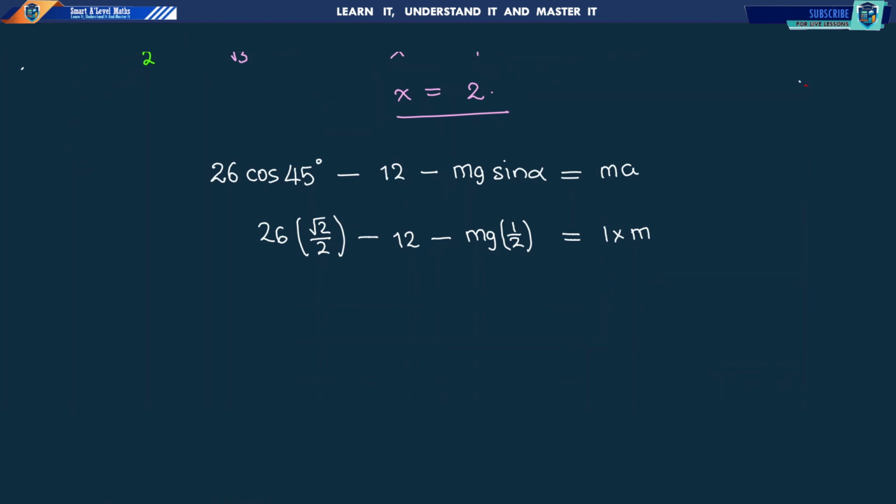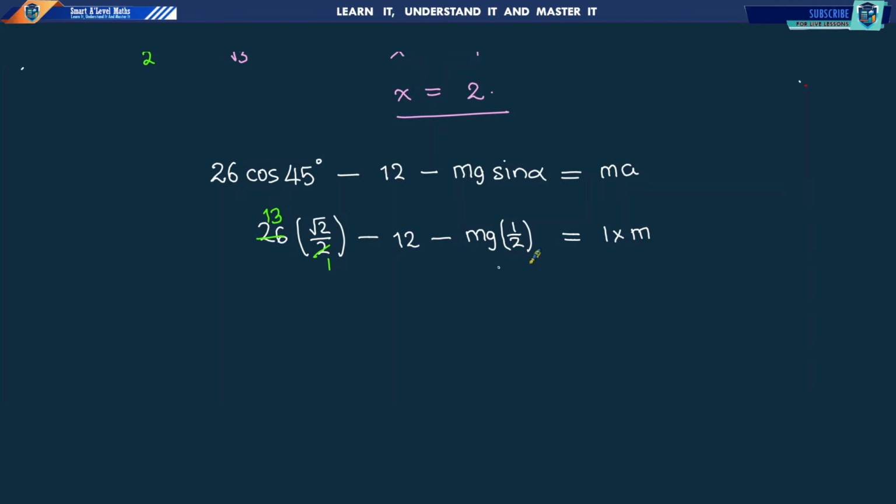Now at this point, we need to remove this 2 by multiplying everything by 2. So before that, you can say that these 2 can cancel with 26 to 13.